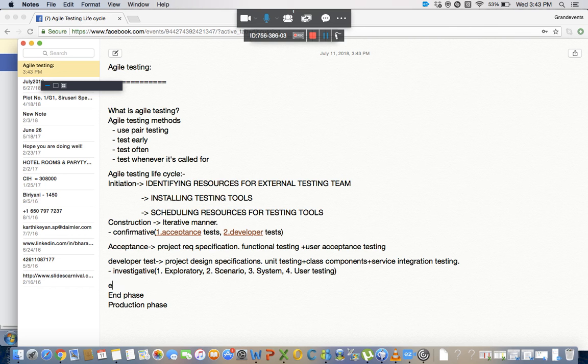First is exploratory testing. Exploratory testing is a method that allows us to do test design and test execution simultaneously.